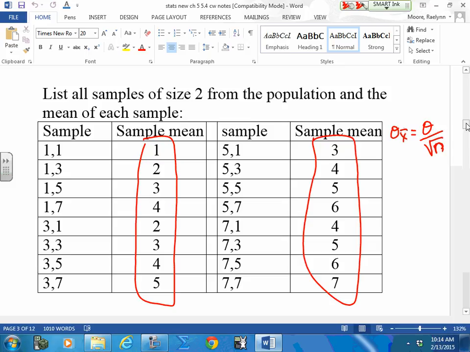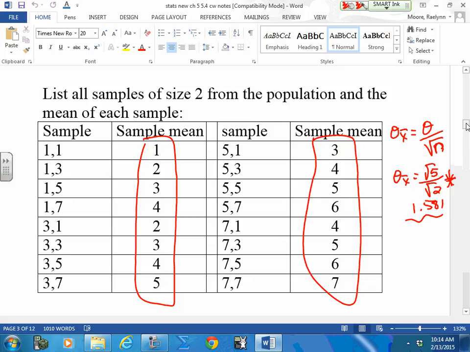Our standard deviation up there was square root of 5. Our sample size is 2, so the square root of 2. You should get, in your standard deviation, close to this. This is your standard deviation from your sample means. This is the only thing that's changing right here.